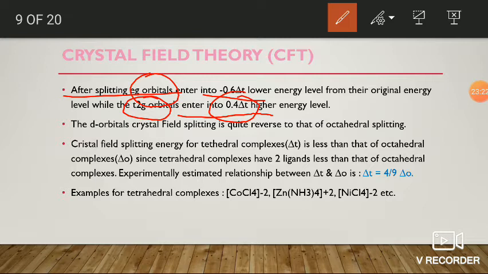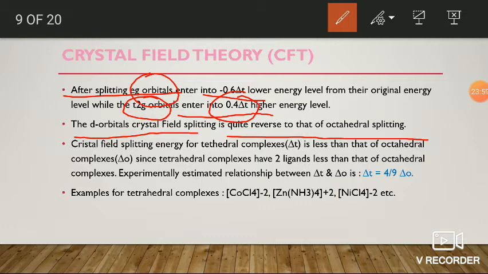The d orbital crystal field splitting is quite reverse to that of the octahedral splitting, as I explained in the previous slide. In the case of octahedral complexes, t2g orbitals get lower energy and eg orbitals get higher energy. But in the case of tetrahedral complexes, eg orbitals get lower energy while t2g orbitals get higher energy.